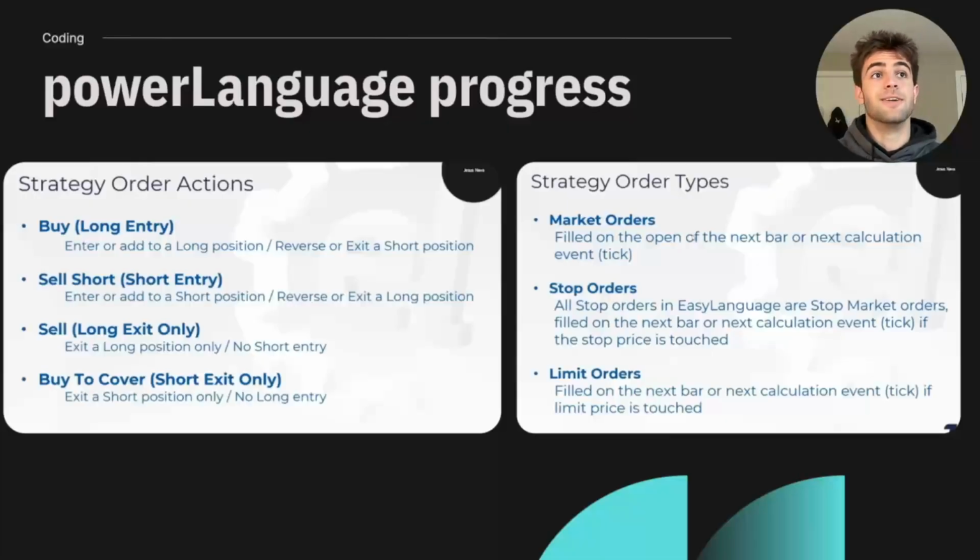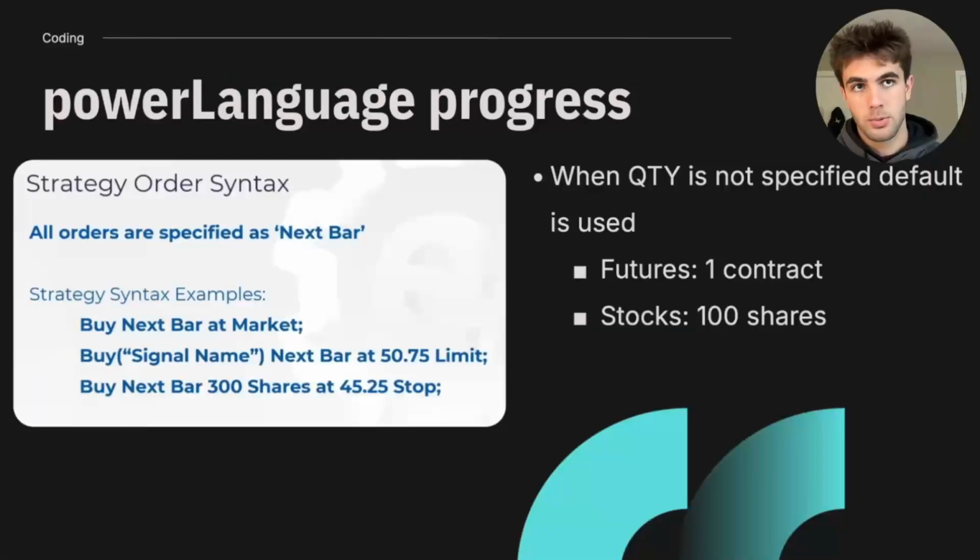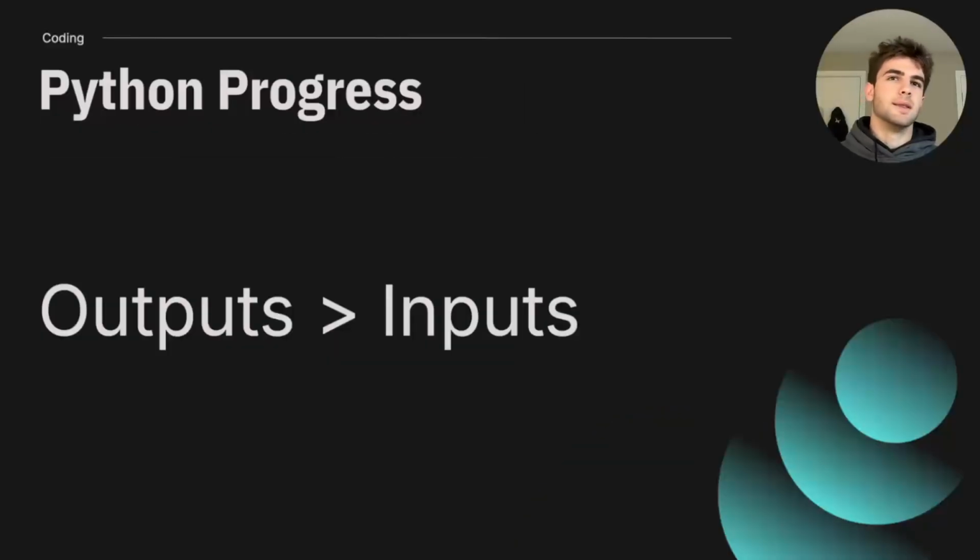I just learned some very basic documentation though, how to buy, how to sell, different types of orders. This was something interesting to note. If you don't give a specific quantity, it will automatically trade one contract for futures or 100 shares for a stock.